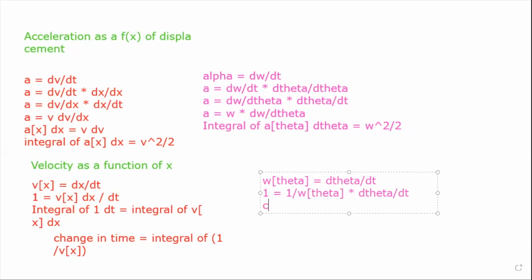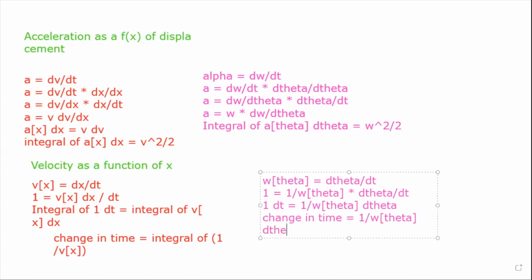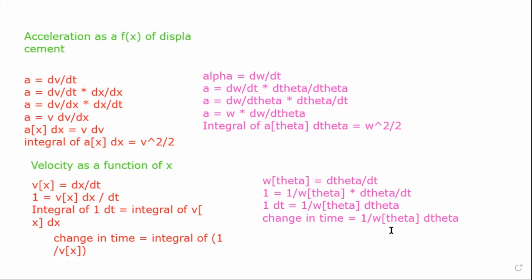Putting it over to this side, we get that 1 dt is equal to 1 over omega of theta d theta. Taking the integral of both sides, the change in time is equal to the integral of 1 over omega with respect to theta. These are some cool calculus formulas that you can apply to some of the stuff I showed you today.